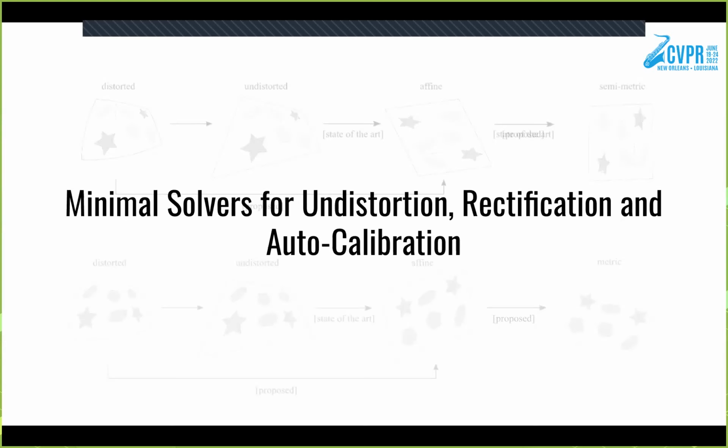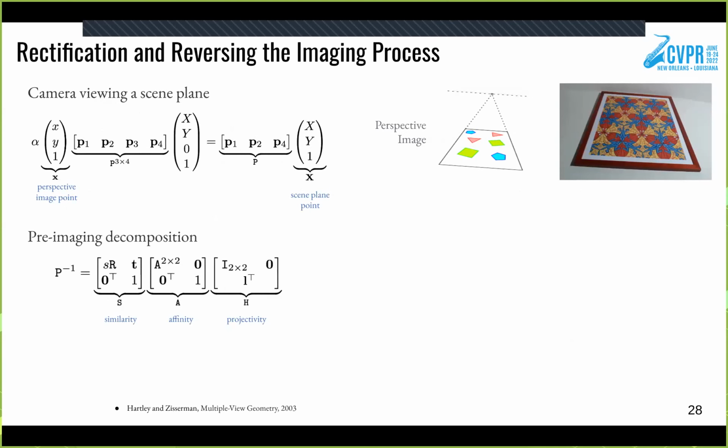So now we introduce some of our minimal solvers for these problems. As I was motivating before, the first batch of solvers will be rectifying solvers, and the process of rectification is essentially reversing the imaging process.